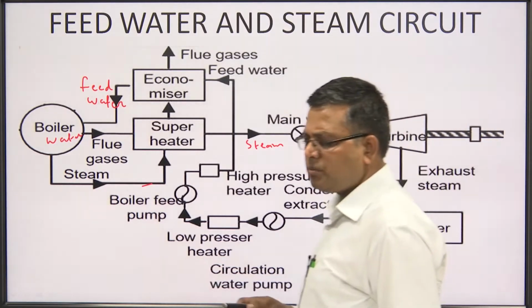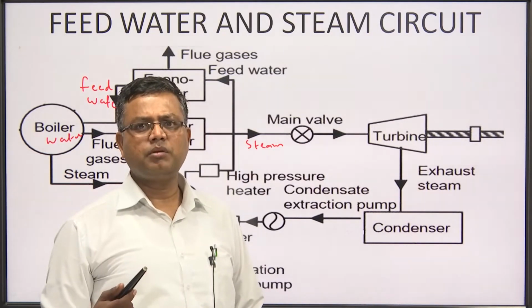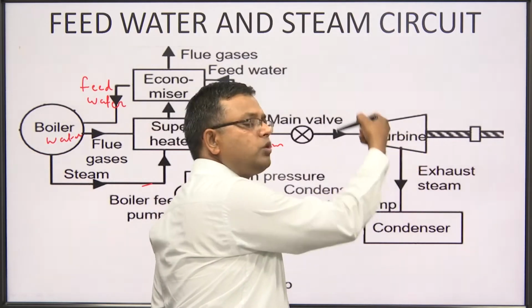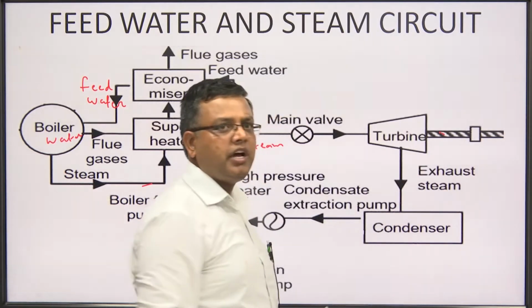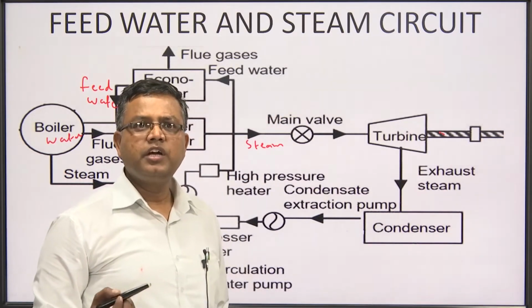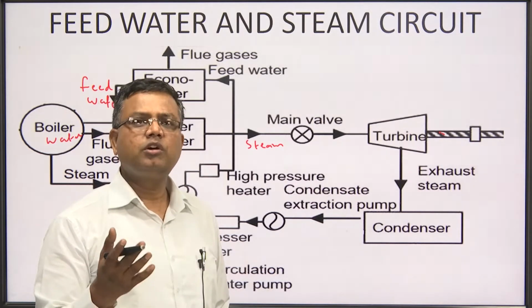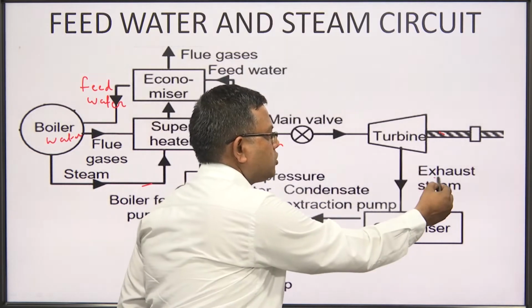And in the turbine, the thermal energy of the steam converts into mechanical energy. It rotates the turbine, so the shaft of the turbine will rotate, and when it expands in the turbine, it loses its heat and converts from superheated steam to wet steam, which is also known as exhaust steam.